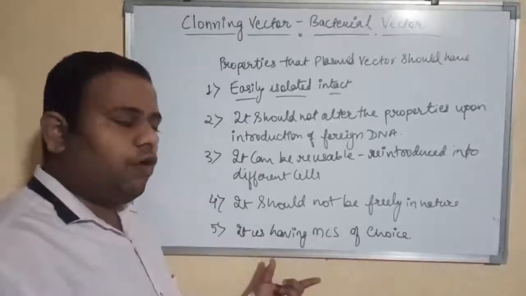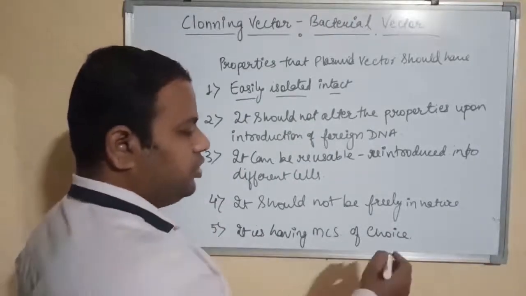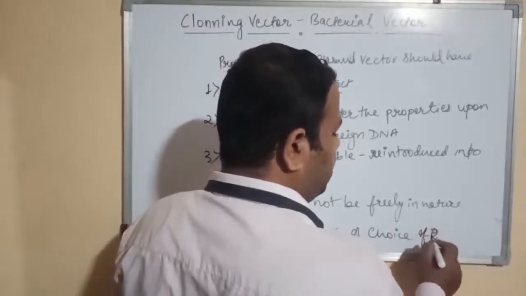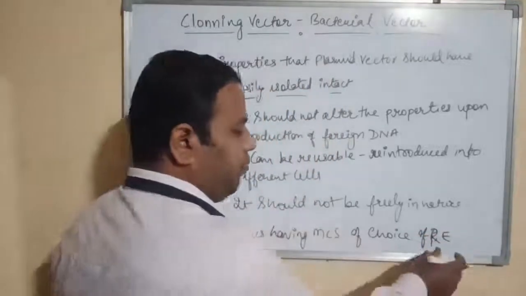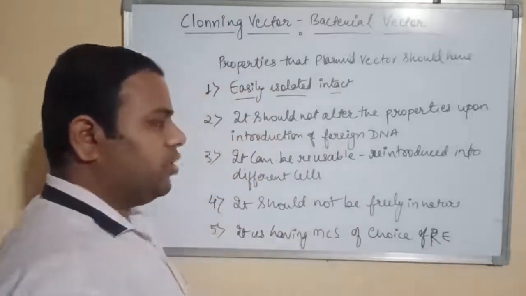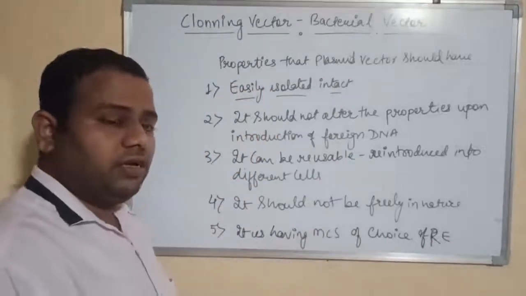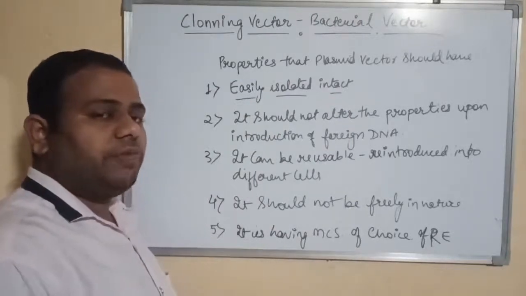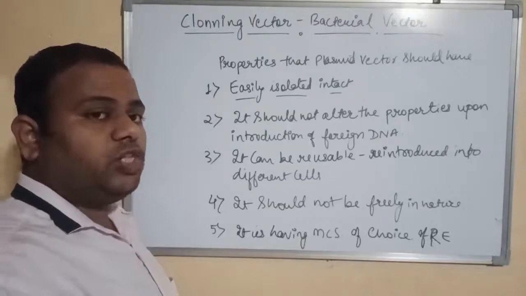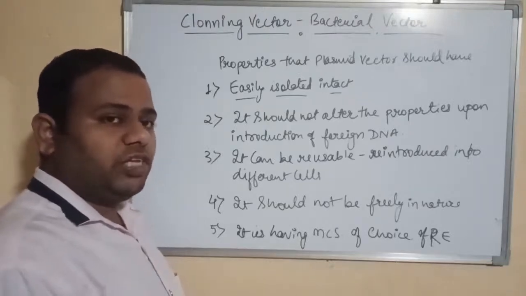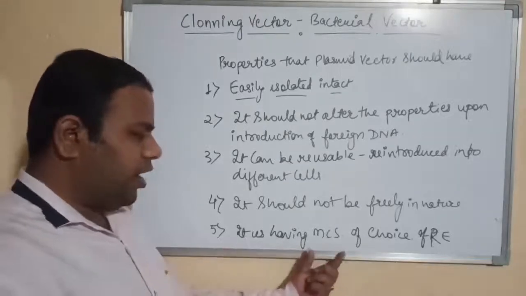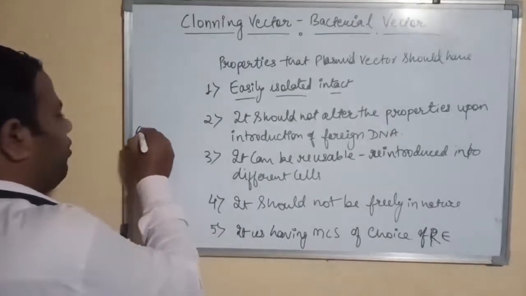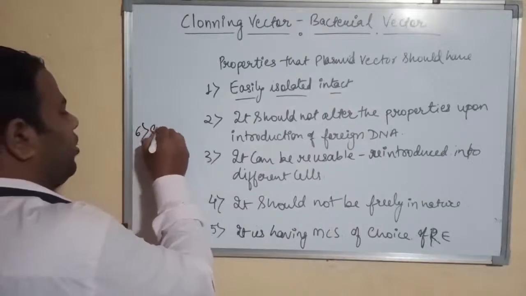We can use a variety of restriction enzymes of choice, so that it helps in cloning experiments, because the availability of restriction enzyme also here is in question, because the plasmid should have the restriction sites of different restriction enzymes, and that same restriction enzyme then can also be used to isolate the DNA fragment from the bacteria, which is the source. So it should be having MCS of choice, and the next property, it should have the selectable markers.